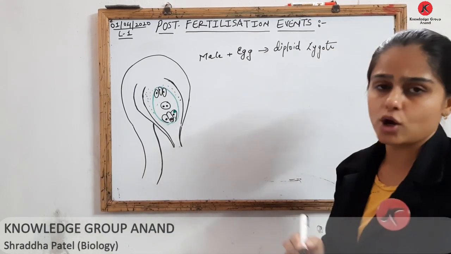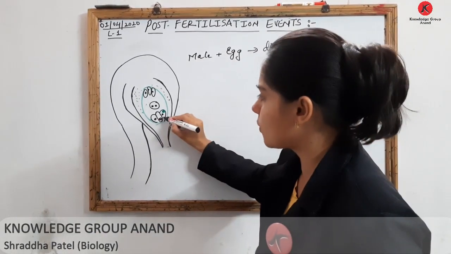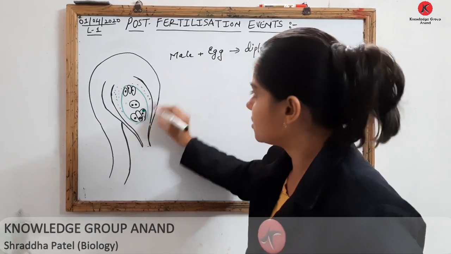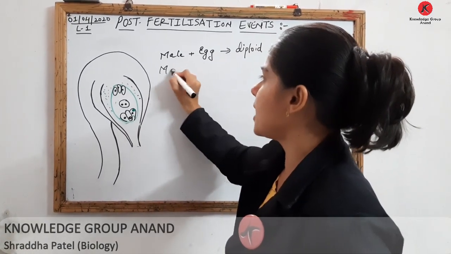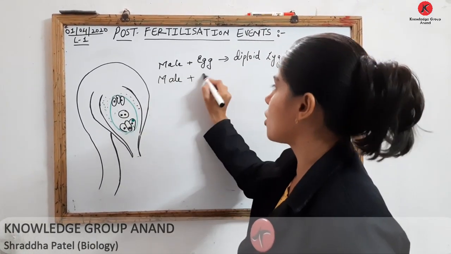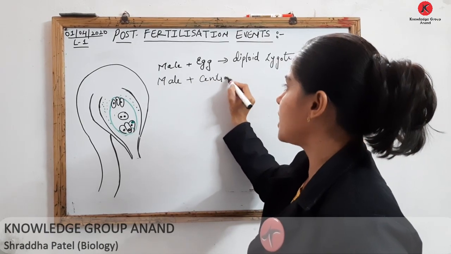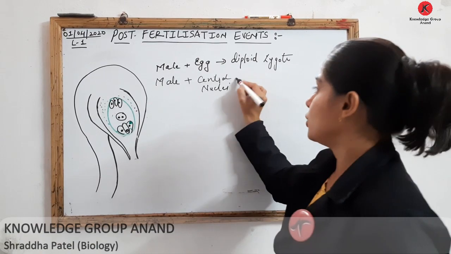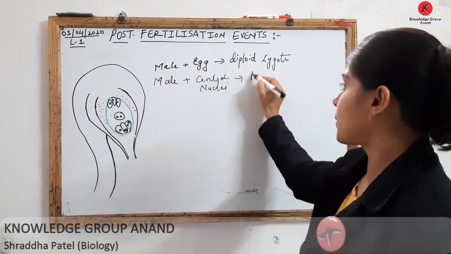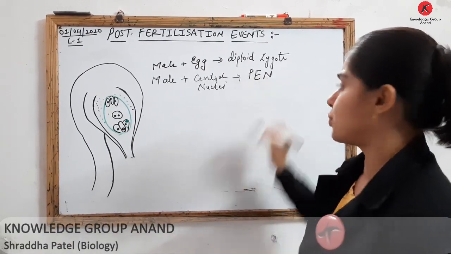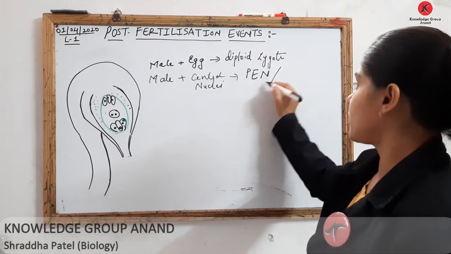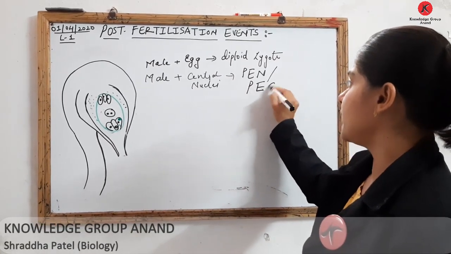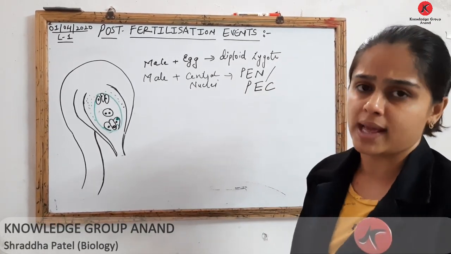And the remaining one male gamete goes with your central nucleus to form your primary endosperm nucleus. In your textbook it is written primary endosperm cell, one and the same.